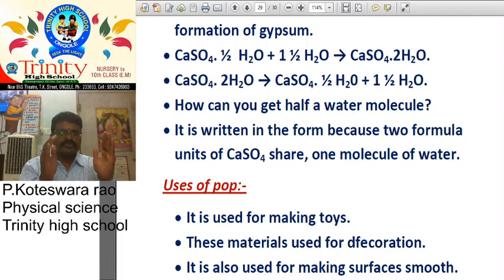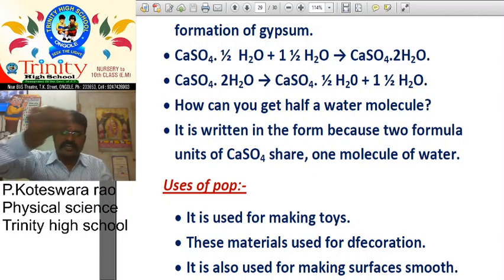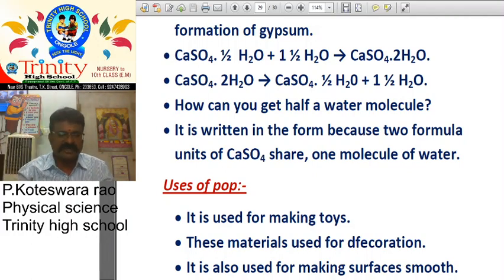Plaster of Paris should be stored in a waterproof container because if you add some water to it, it immediately changes into a hard substance like a stone. It is nothing but gypsum. So that's why plaster of Paris should be stored in a waterproof container.